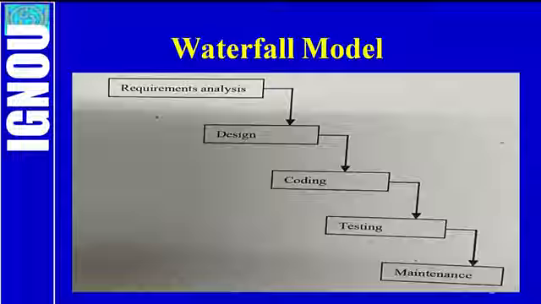After you move from design to coding, you cannot go back to design or analysis. You can only go to testing. You can't even fast forward to maintenance. So the feature of the waterfall model is that it is a stepwise process where you cannot skip any step. You cannot move in the opposite direction also.